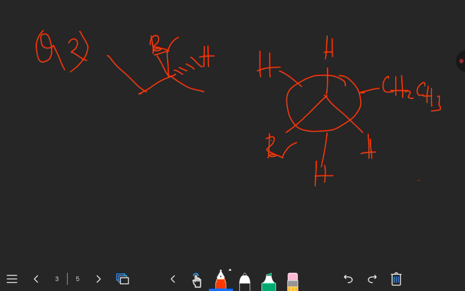So the other thing we must consider is to check whether this compound is the same or not.